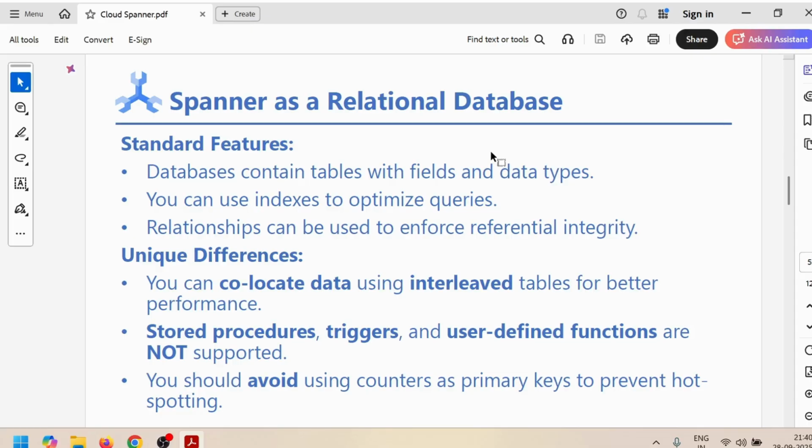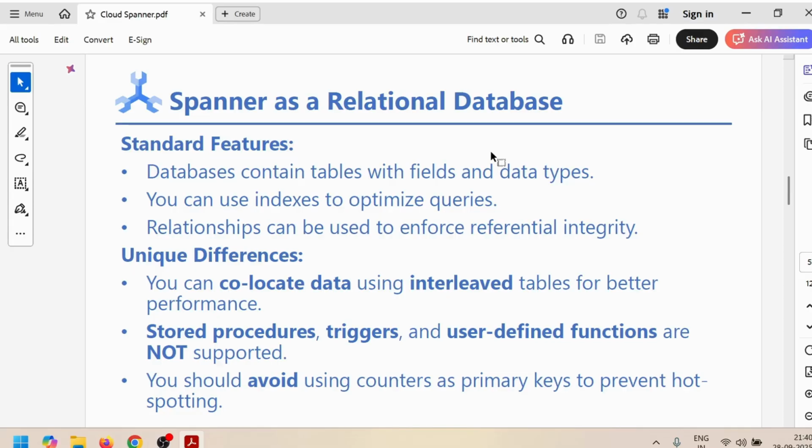First, you can co-locate data using interleaved tables for better performance. Interleaved tables are a powerful schema design feature that allows you to consolidate related rows physically on a disk. So this is especially useful for parent-child relationships where child rows are tightly bound to a parent.